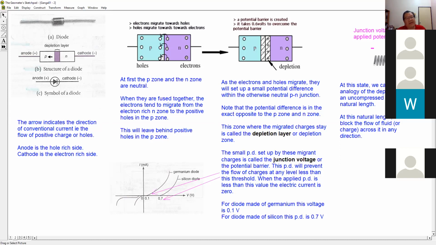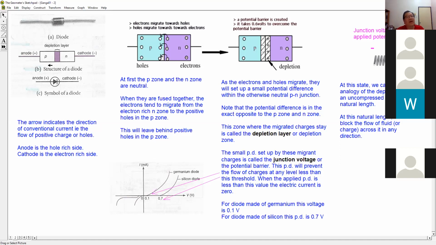Now, this p-type semiconductor can either be silicon or germanium, which is doped with a trivalent element, something like arsenic and things like that. We don't talk about the actual element that is used to construct this diode.